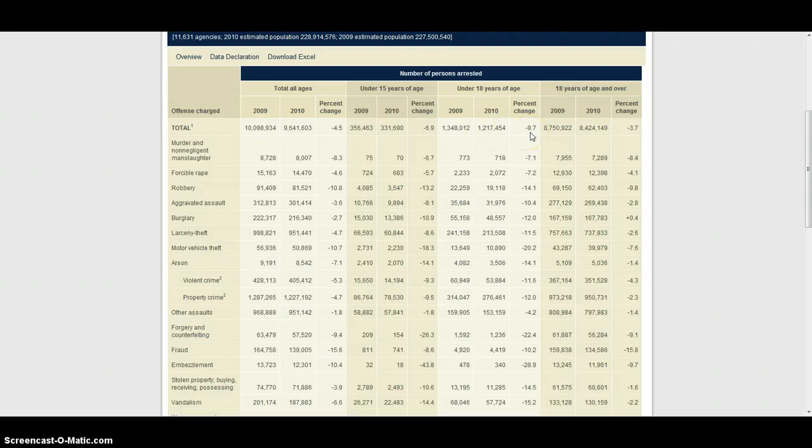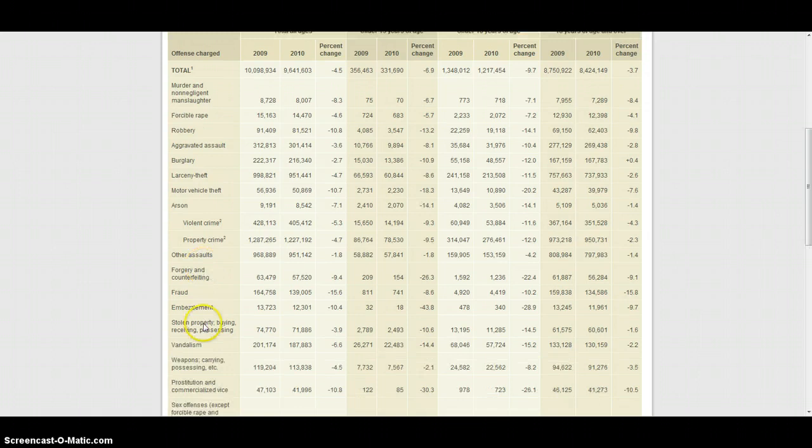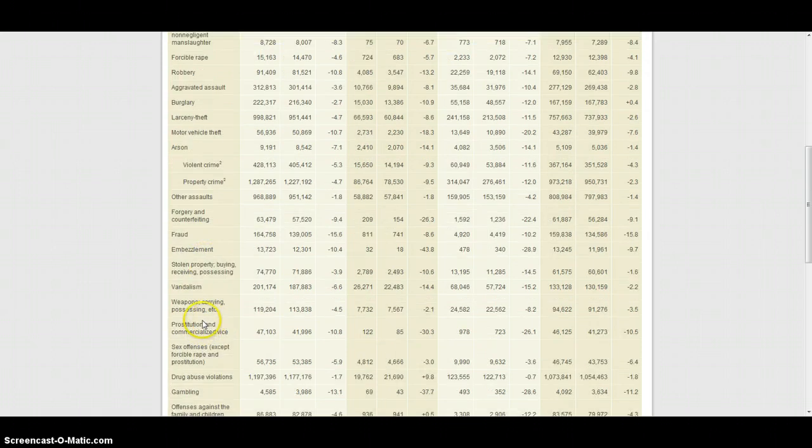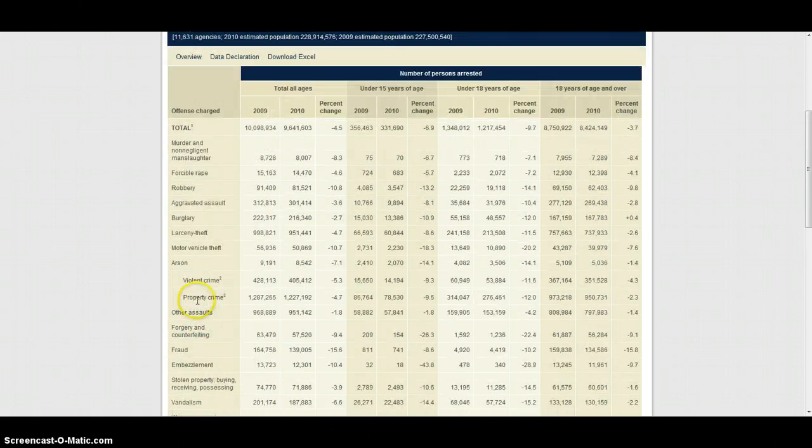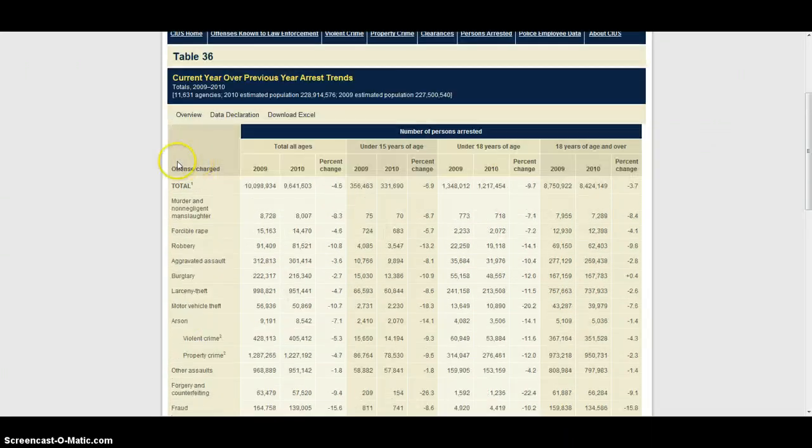You can actually see there was a decrease of 9.7% from 2009 to 2010. So the crime rate amongst juveniles actually decreased from the previous year. And if you look on the left side, you can see the different types of crimes and some of the most common types of crimes that juveniles might commit.